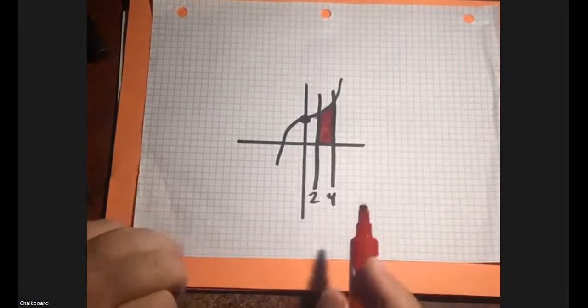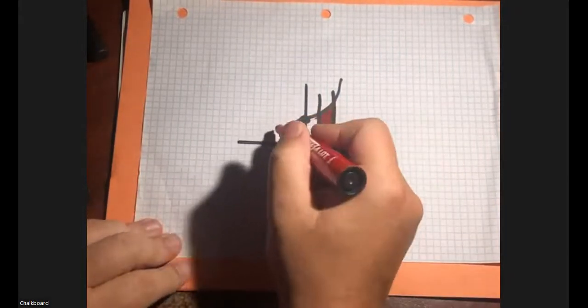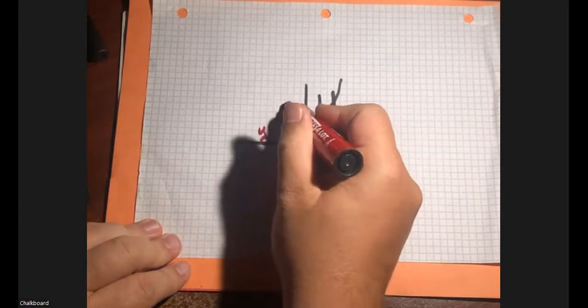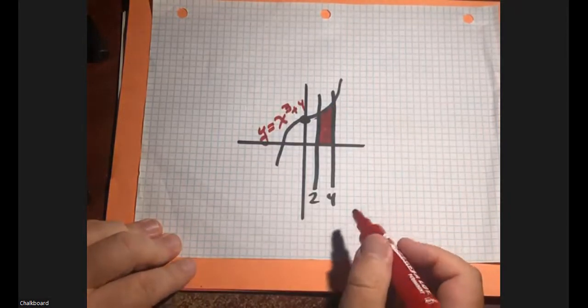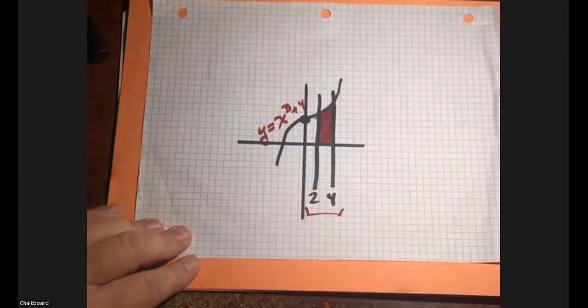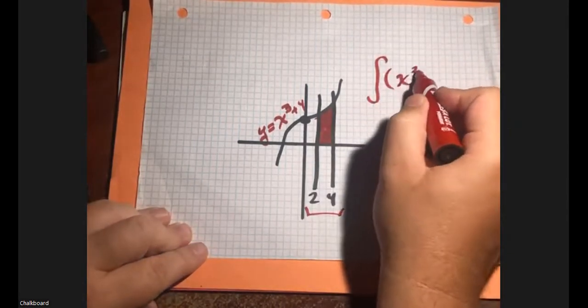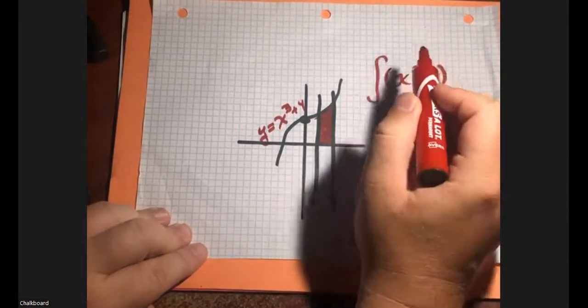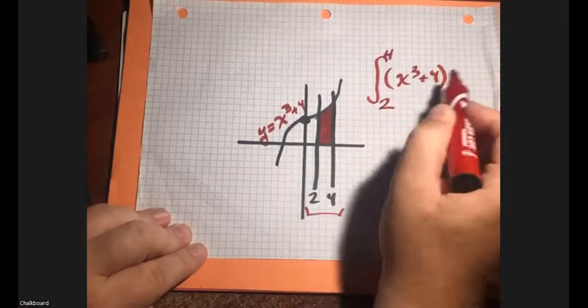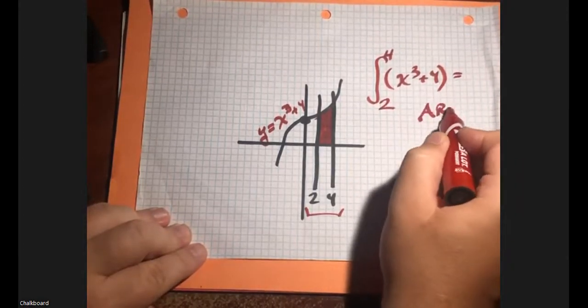This is the idea that if this is y equals x cubed plus 4, and these are the limits of 2 to 4, if you integrate x cubed plus 4 from 2 to 4, like so, it'll give you that area.